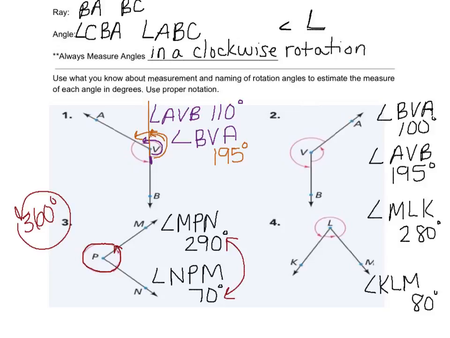So I estimated the size of the little one, and then I subtracted that from 360. I used that same idea as a full circle for number 4. I estimated the little one at 80 and then subtracted that from 360, so I got the size of my bigger one at 280.